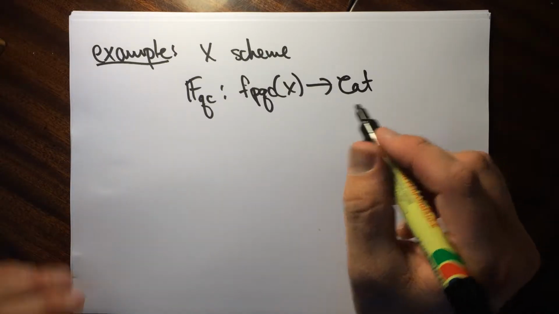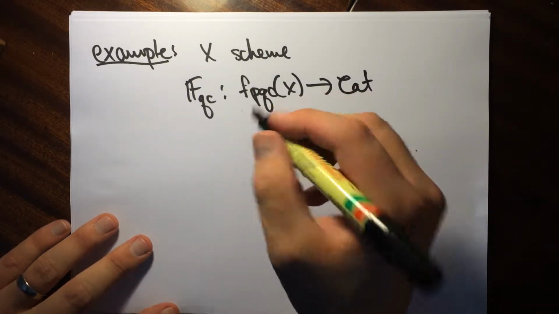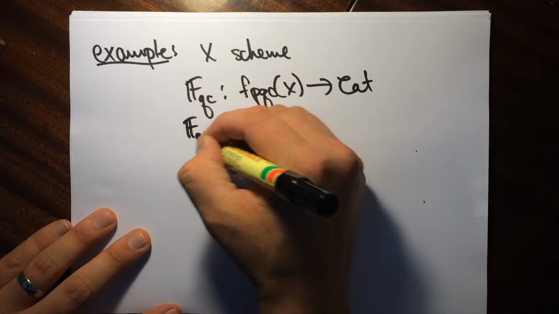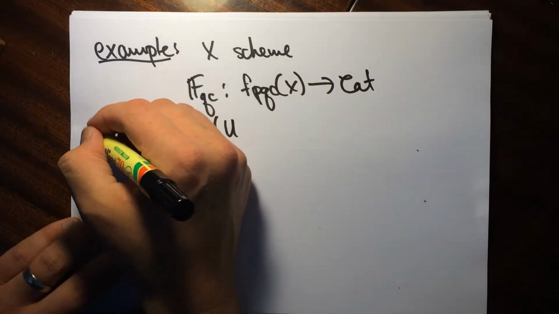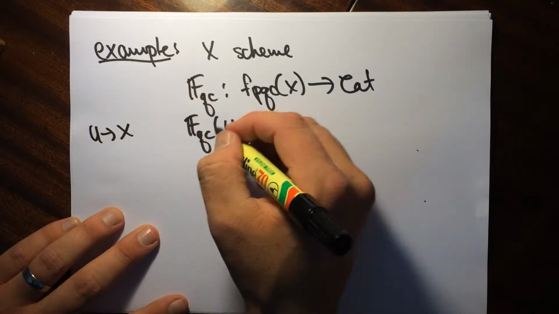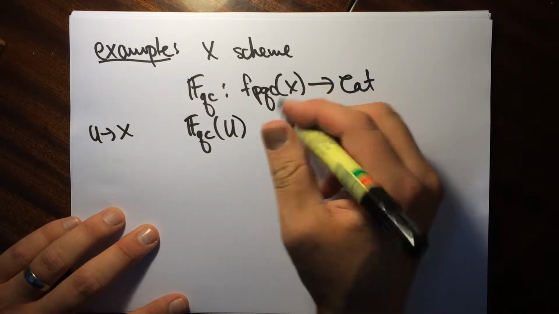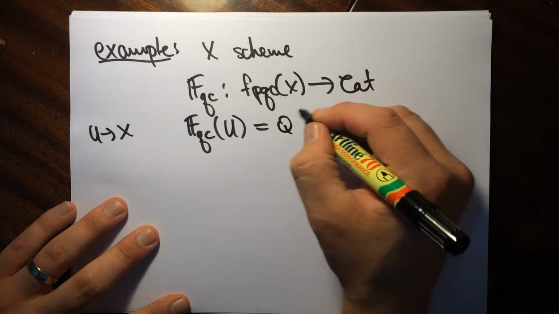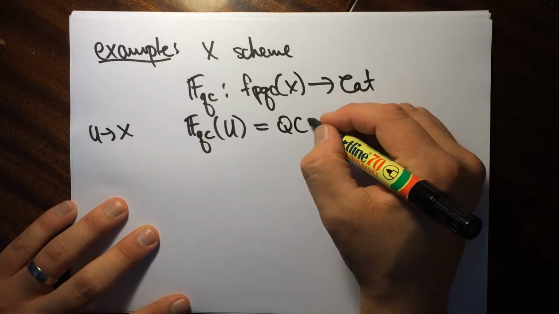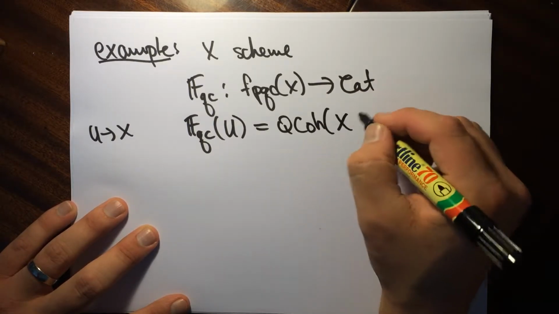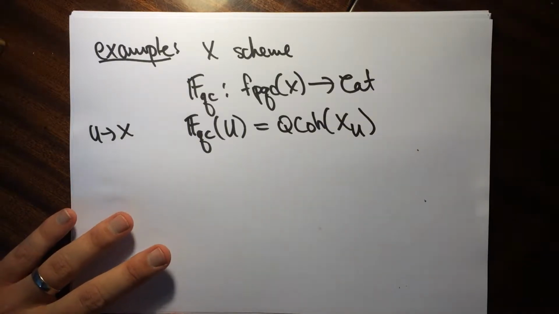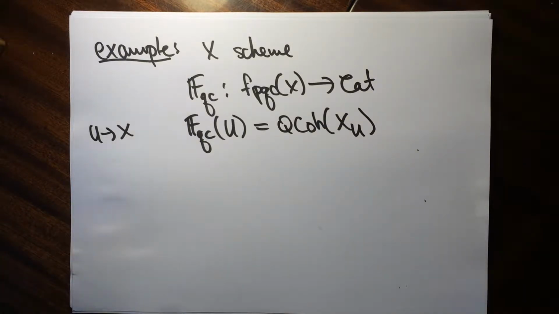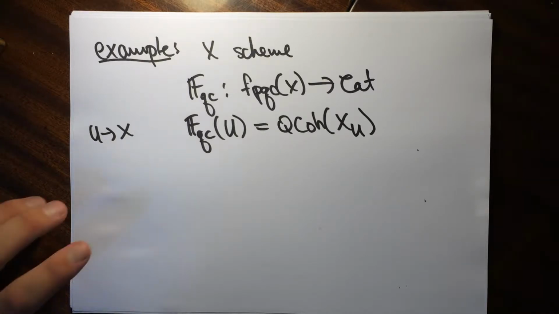And what it does is, when we take a U, so we'll say that we have U to X, I'm going to write this as just U. This is going to be equal to the quasi-coherent sheaves on X base changed with U. So these are the quasi-coherent sheaves, and morphisms of quasi-coherent sheaves are the usual things.